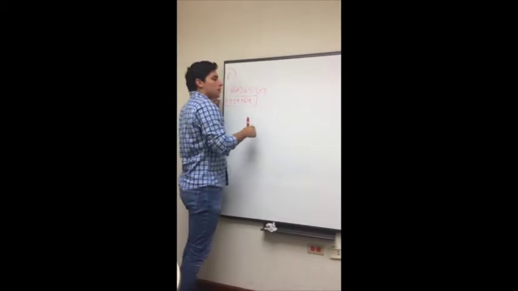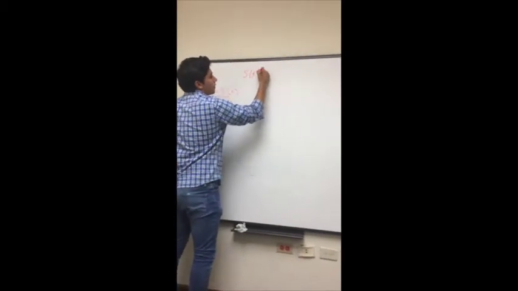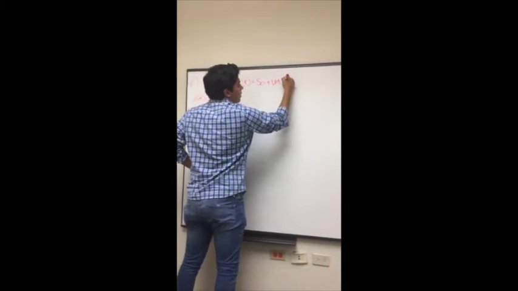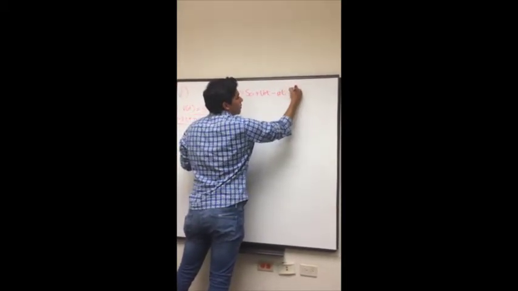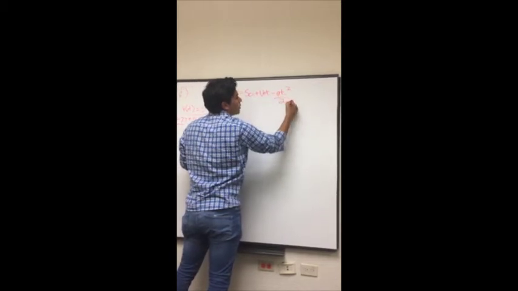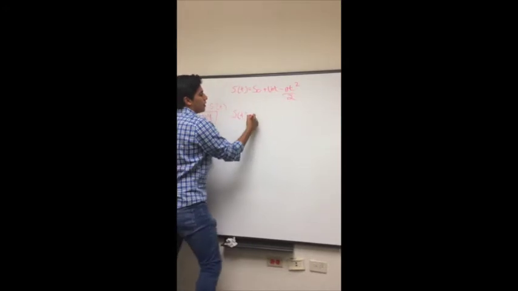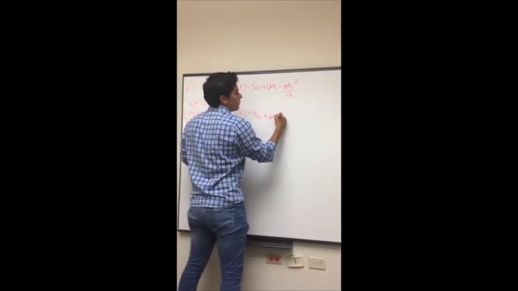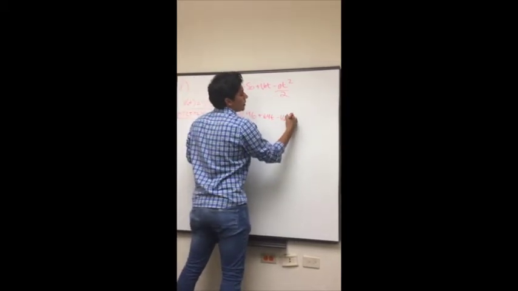And now, using a formula of physics, we can use that the position is equal to s0 plus the initial velocity times t minus gravity times t squared divided by 2. So we use 96 + 64t - 16t².